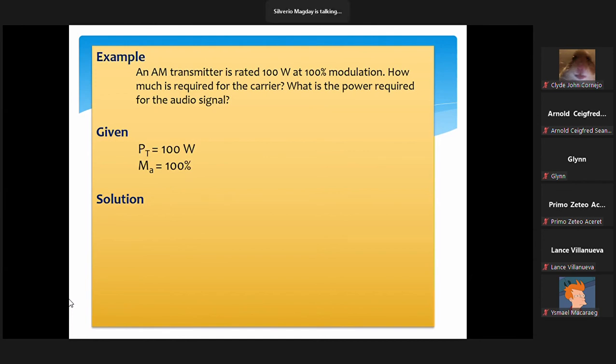So how do you compute for the power required for the carrier and for the audio signal?